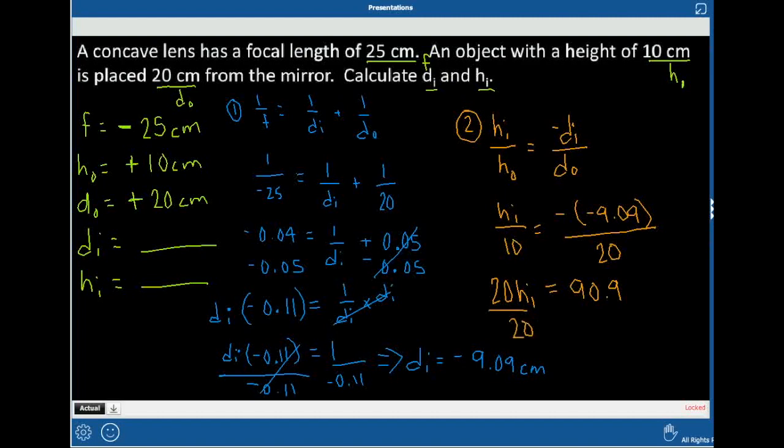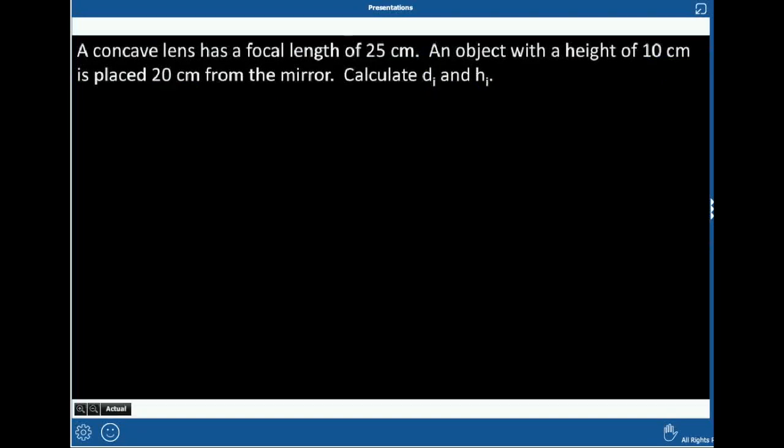And then divide by 20, and my HI is going to be 4.55 centimeters. Okay, since that's positive, that means it's upright. And the initial object height was 10, and this is 4.55, so it's going to be smaller. Okay, so that's how you solve that.